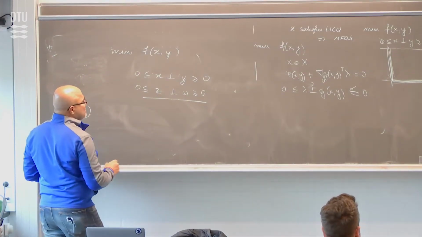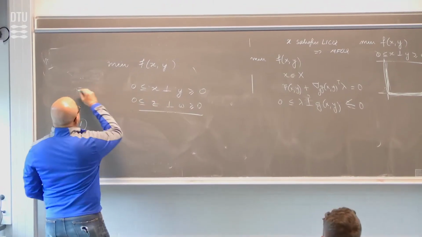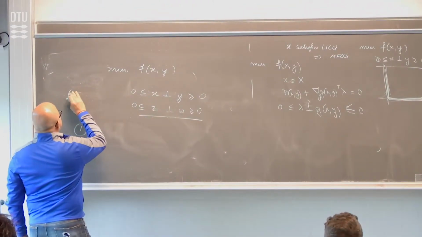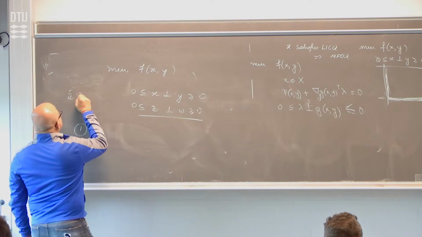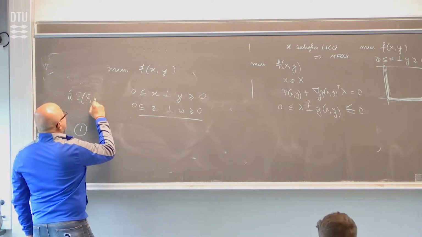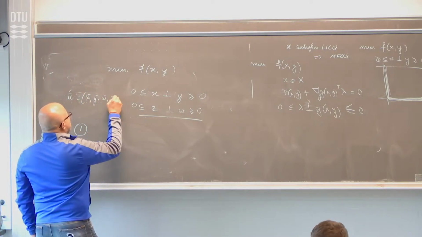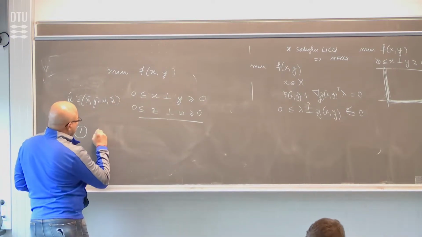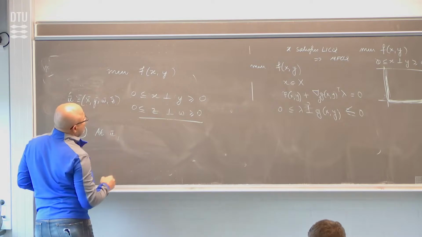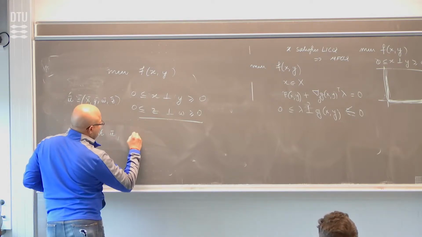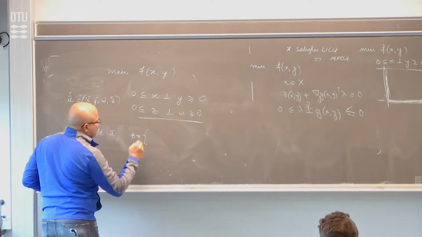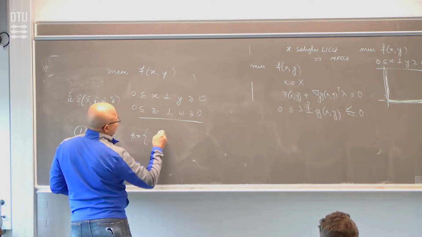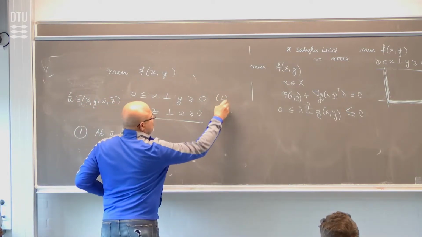Now, if I'm looking at the relaxed NLP, let's assume we consider a point x bar, let's call it u bar. U bar is x bar, y bar, w bar, z bar. At u bar, suppose beta, so let's assume that this constraint is 1 and 2.